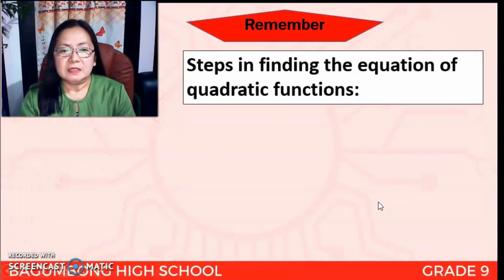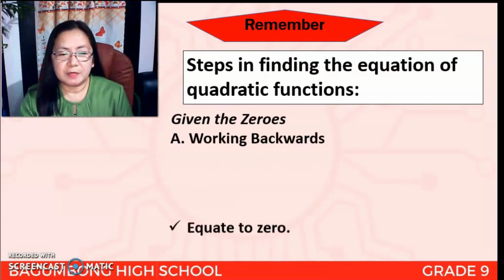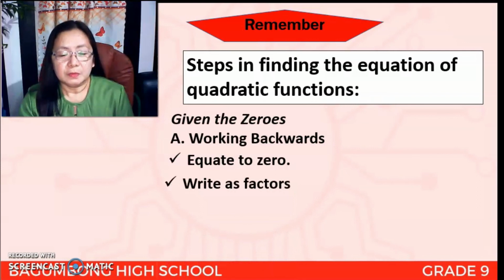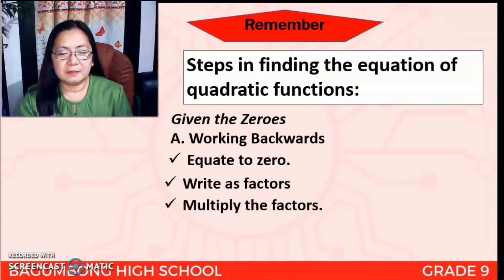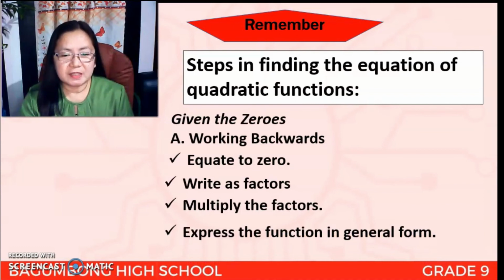Remember, the steps in finding the equation of the quadratic function given the zeros, by working backward: first equate to 0, next write as factors, next multiply the factors, and express the function in general form.